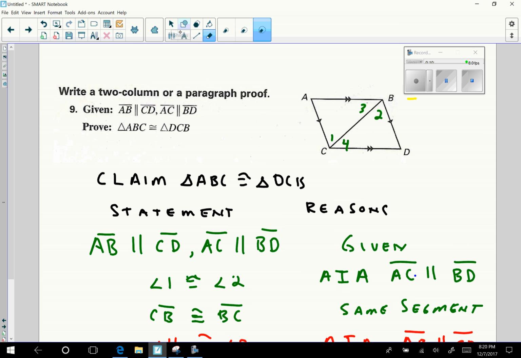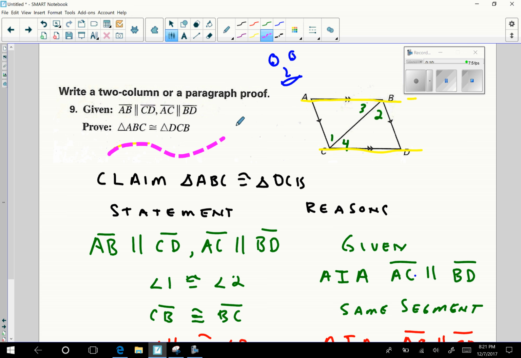The given information is that AB is parallel to CD and AC is parallel to BD. And I want to prove these two triangles congruent.